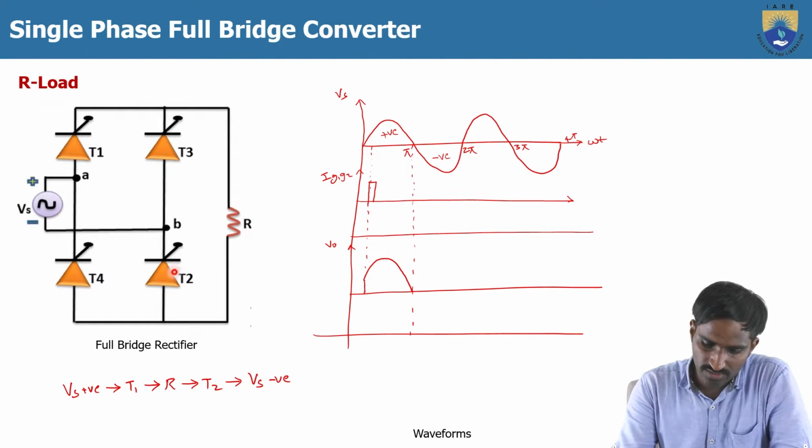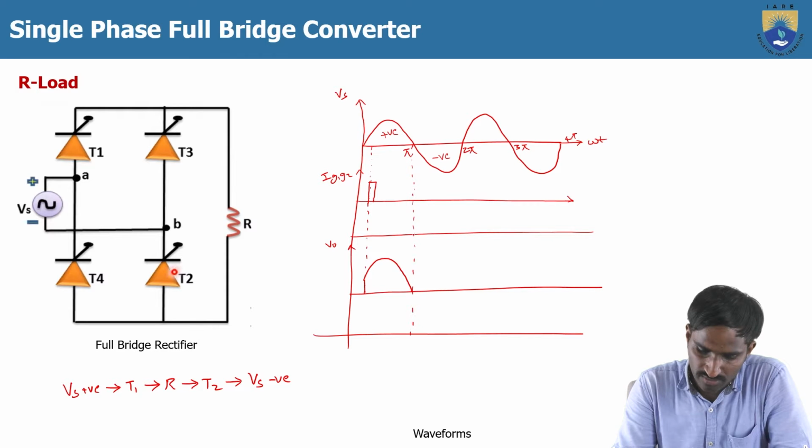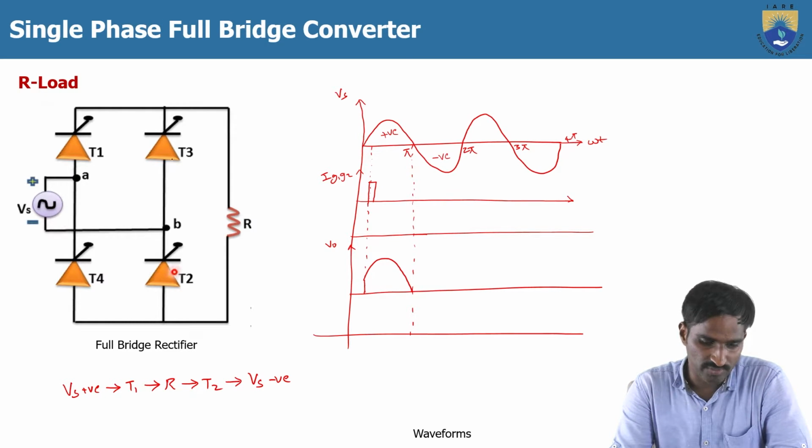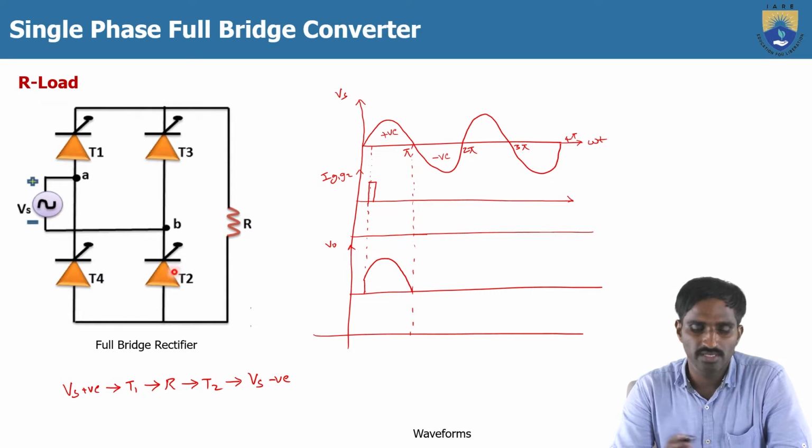Then again after pi plus alpha, similar to the positive cycle, during the negative cycle also, of course there is a forward biased voltage applied across the T3 and T4, but still T3, T4 will not get turned on until we give the gate signal.